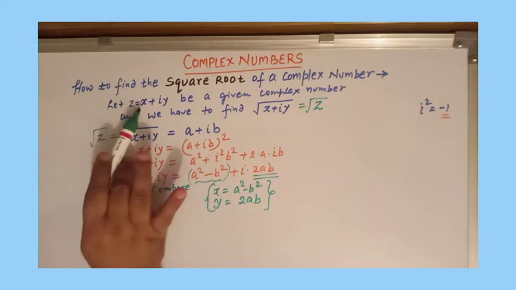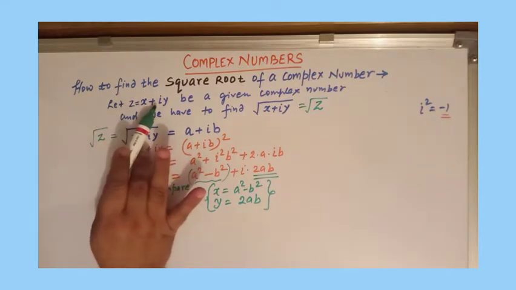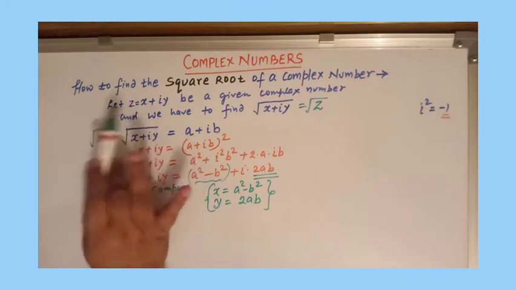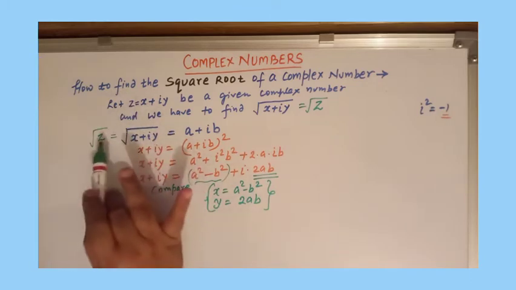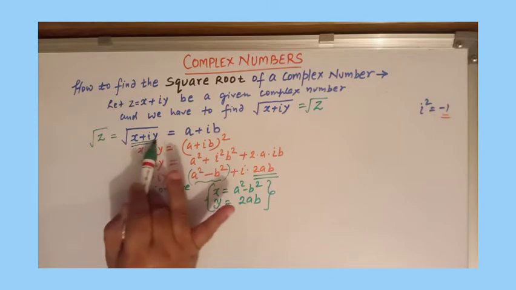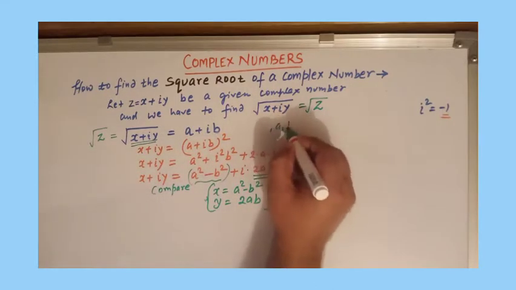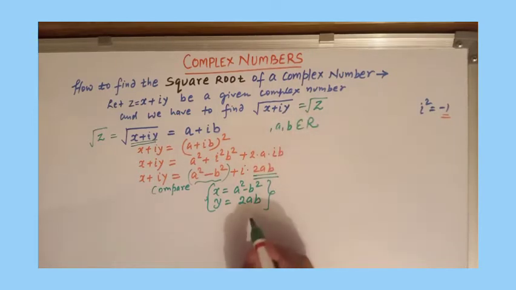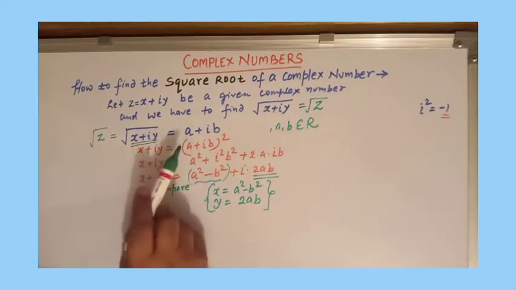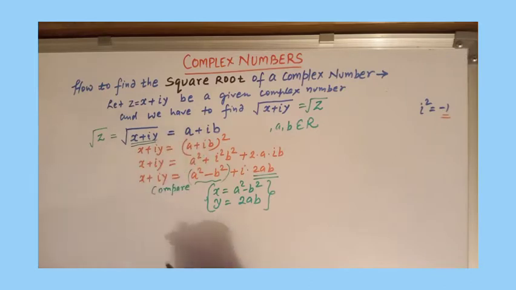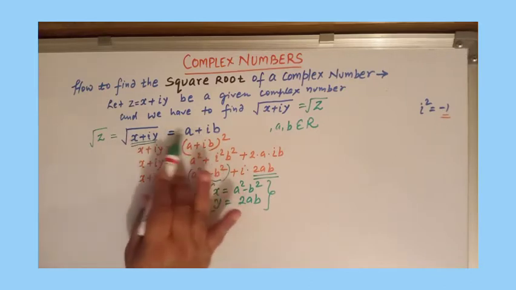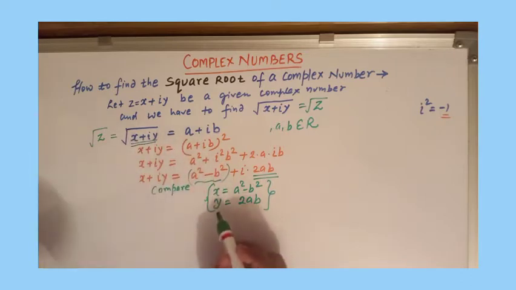Now here we are given this complex number and we have to find its square root, and we have assumed that the square root of x plus iota y is a plus iota b, where a and b are real numbers, and our aim is to find the values of a and b. Clear? Now when we have squared both the sides, we arrived at these results, that is x equal to a square minus b square and y is equal to 2ab.